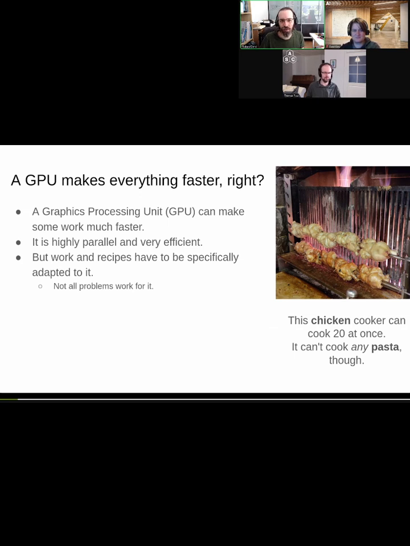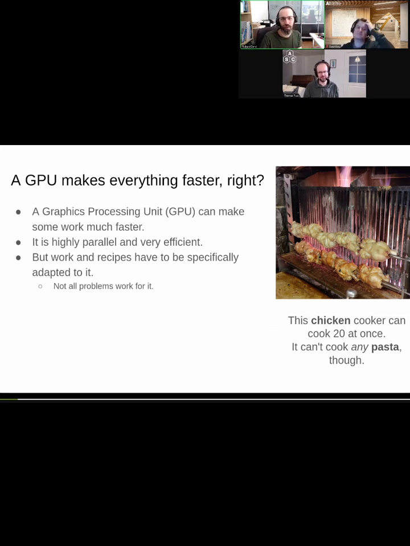With this appliance, you can do some things in very high parallelism, and very fast. I think you could cook maybe 20 chickens at the same time on here. But how much pasta can you make with this chicken cooking device? The answer is basically nothing. It's not designed for it.